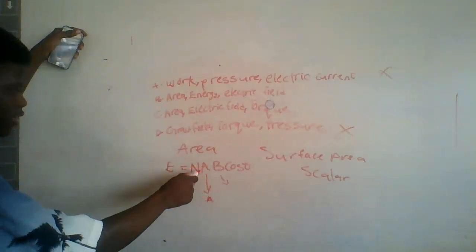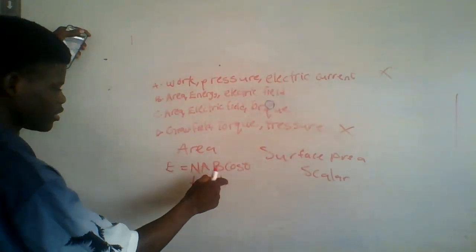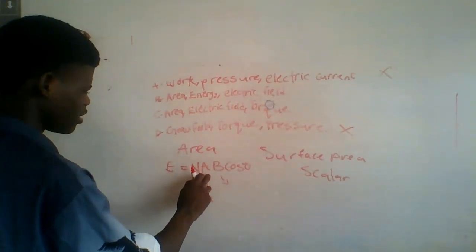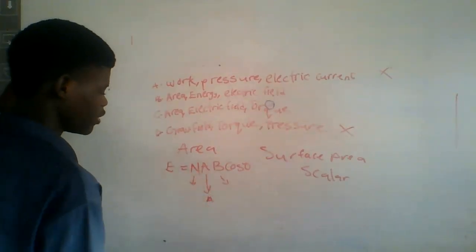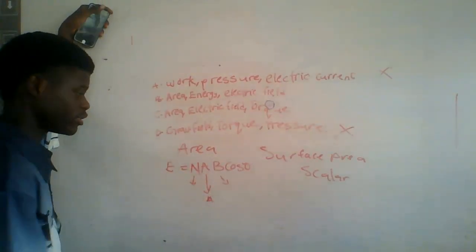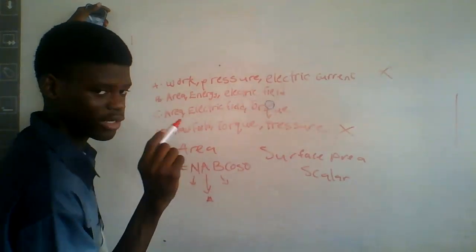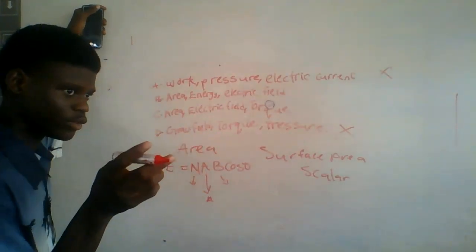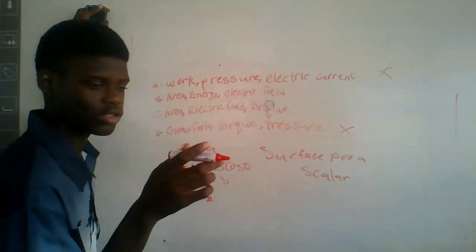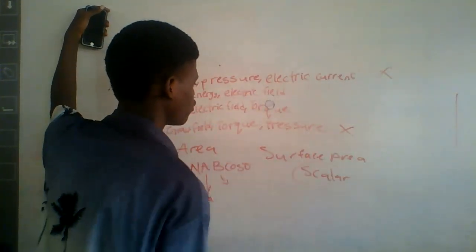The area here is actually a vector quantity, because area in a magnetic field or electric field is a vector quantity, but surface area is a scalar quantity.